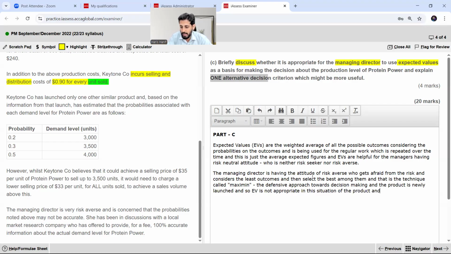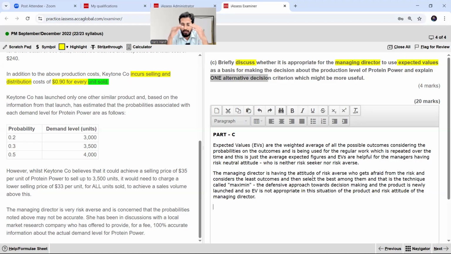Given the product and the risk attitude of the managing director, this is a very simple point. The personality and the attitude towards risk are not compatible with the expected values.